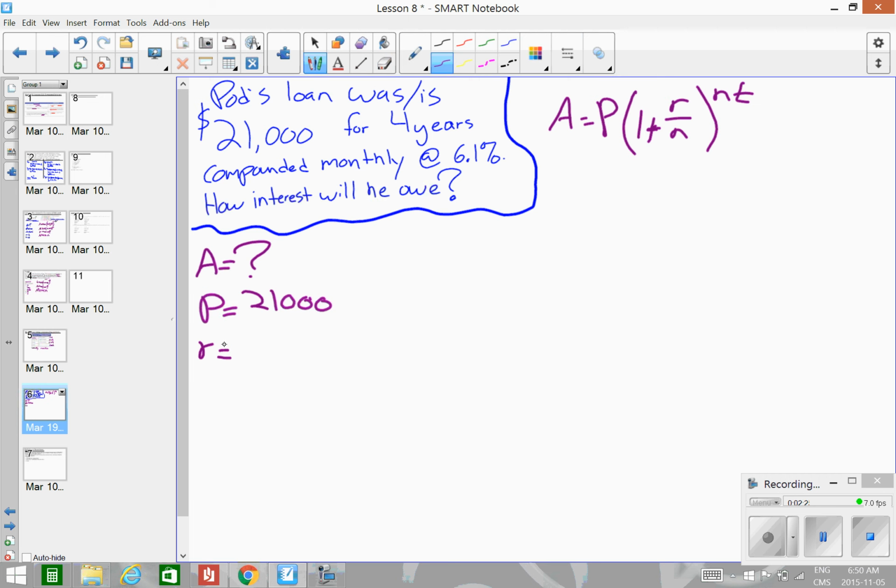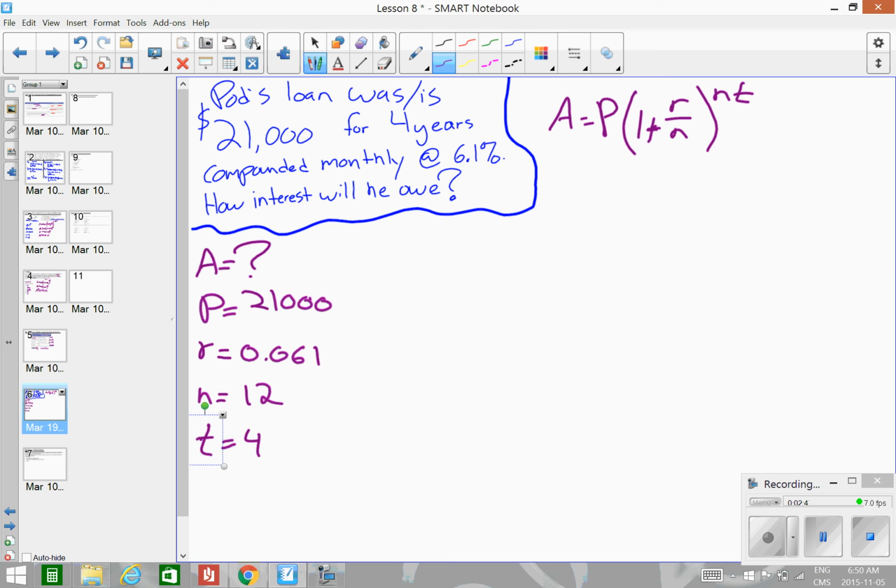So we divide that by 100, and that'll be 0.061. N, number of compounding periods in a year, is 12, because it's monthly. And the number of years was 4.